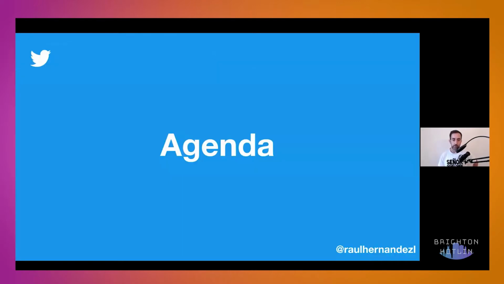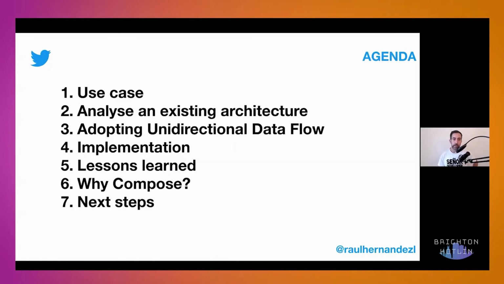Cool. So let's go to the agenda very quickly. I will start with a use case where everything hopefully will make sense to you. Then I'll start analyzing the system architecture of this use case. I'll start also adopting unidirectional data flow. And the point for me here is that it doesn't really matter which architecture for your mobile application you use.